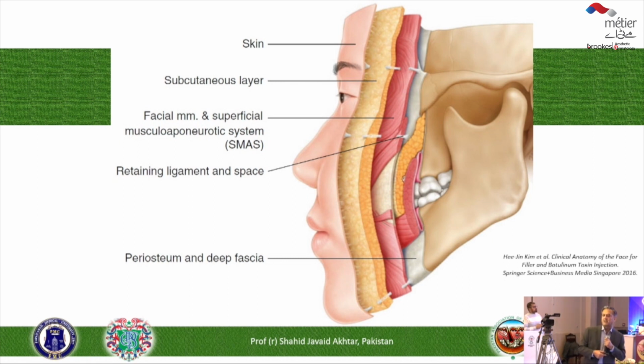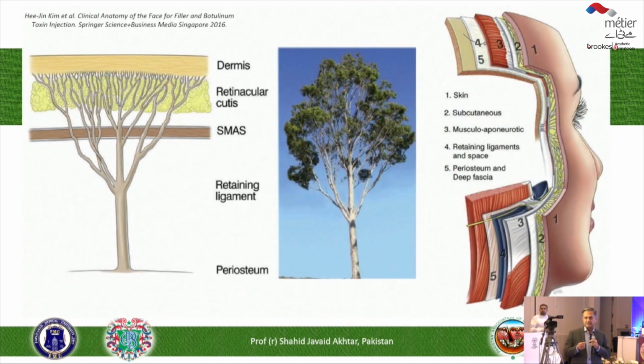These layers are attached to each other by fibrous bands, and we call them retinacula. These retaining ligaments keep the layers of the face together, but at the same time allow a certain degree of movement on each other.